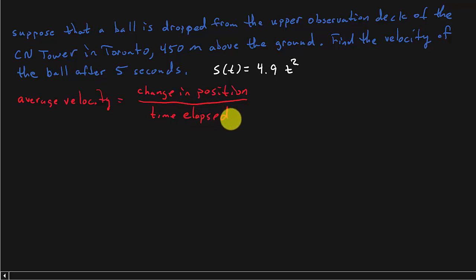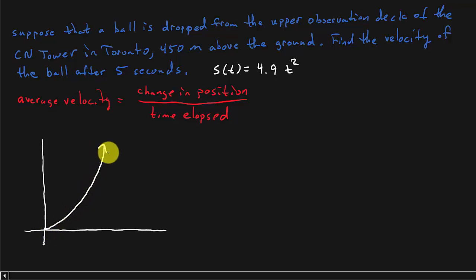Change in position over time elapsed. So let's just look at this. If we look at this function here, and all we're going to worry about is the positive part of it on the positive axis, once again we can see that's a parabola. This is our t-axis, and this is s of t.